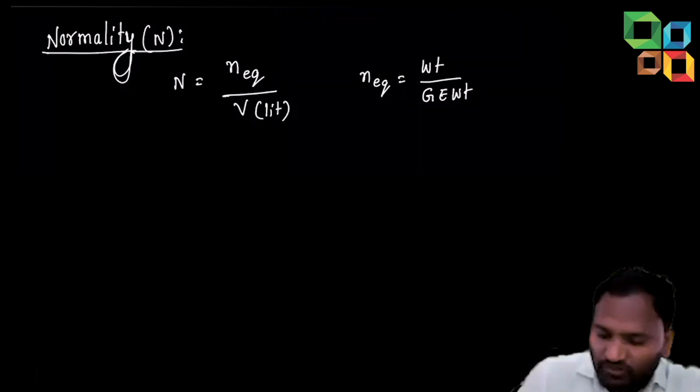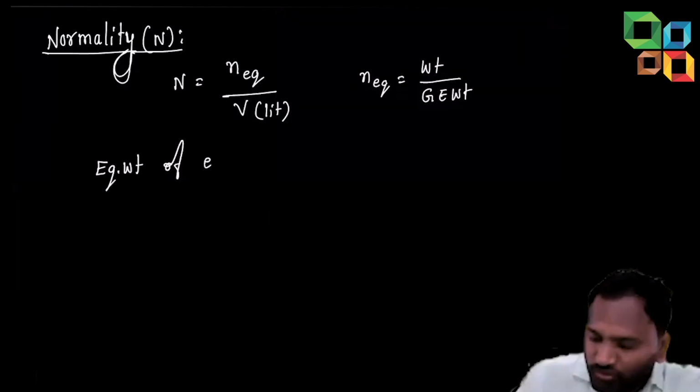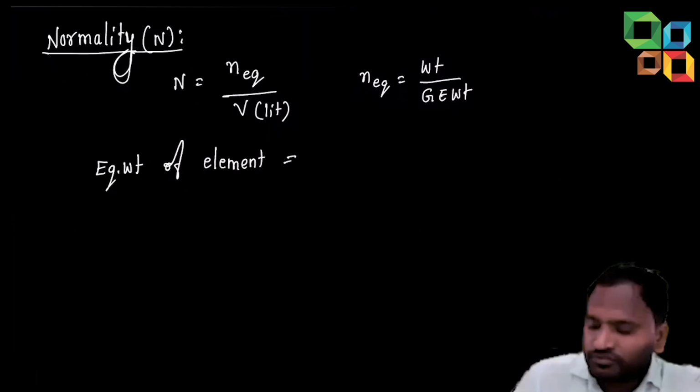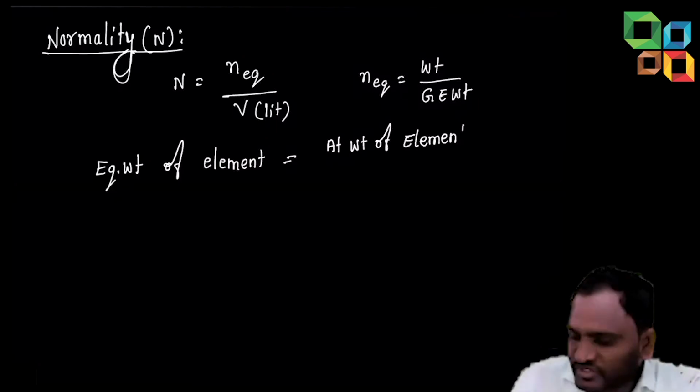So, equivalent weight. The equivalent weight of an element is equal to the atomic mass or atomic weight of the element by its valency.